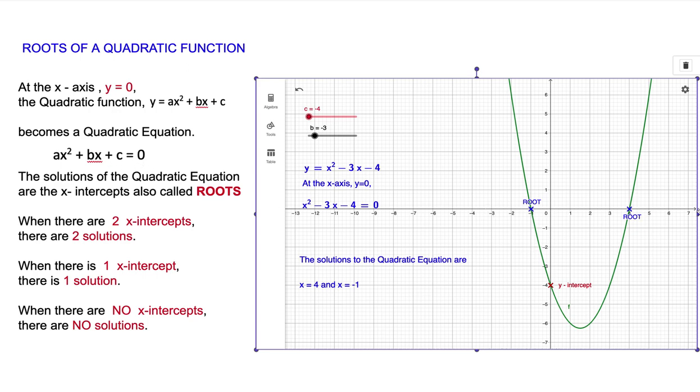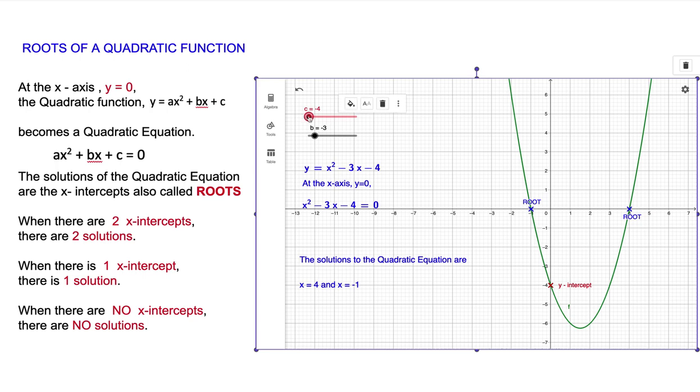So at the x-axis, the function becomes a quadratic equation. And the values of x, which are the x-intercepts, are the solutions to the quadratic equation. For example, in this case, the graph cuts at negative 1 and 4. So negative 1 and 4 are the solutions to this quadratic equation.